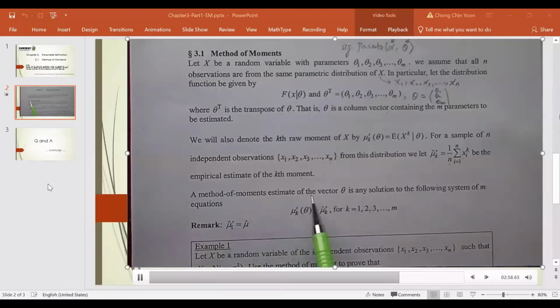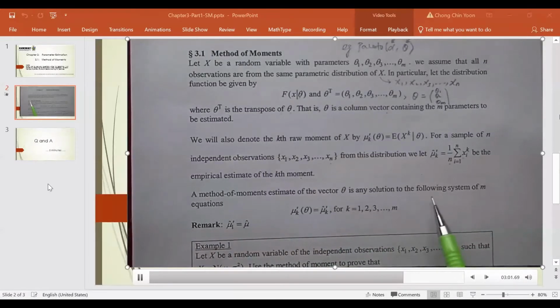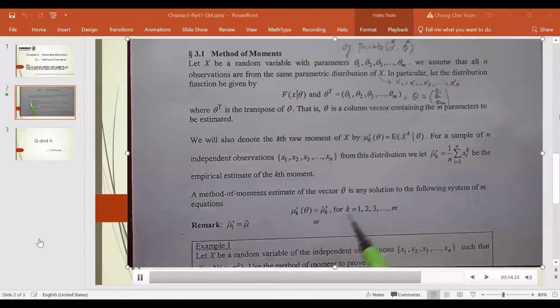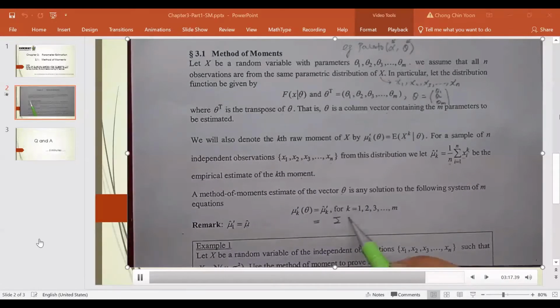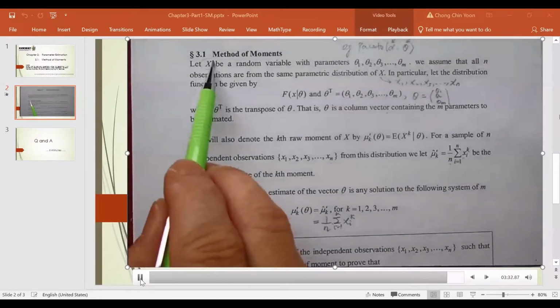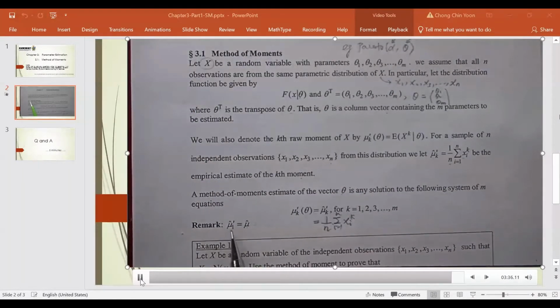A method of moments estimate of the vector theta is any solution to the following system of m equations: mu k prime of theta equals the summation of xi to the power k from 1 to n, divided by n, for the distribution of X. So please take note, mu 1 prime is always equal to mu when k is 1.